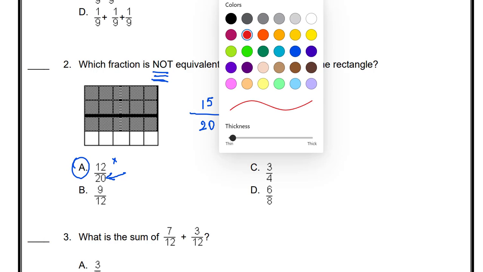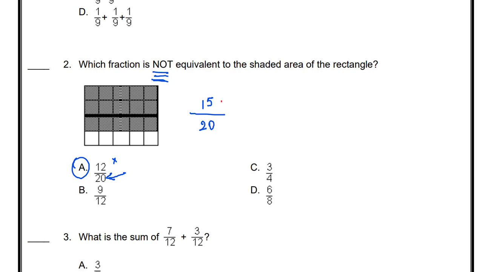Good work. And my heroes, you can check this also by dividing by 5. You will get 3/4, and as you can see, 3/4 is correct. And if I want 12 in the denominator, you will multiply by 3.